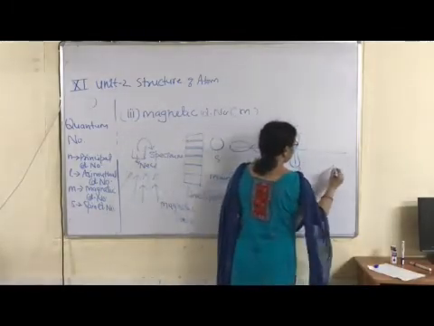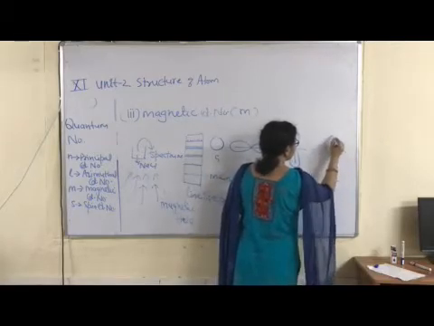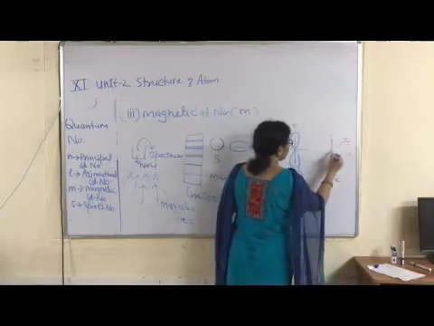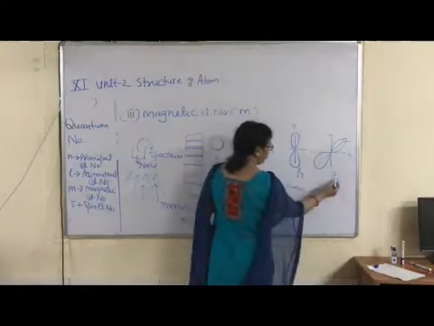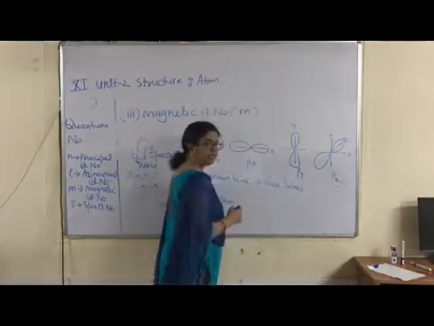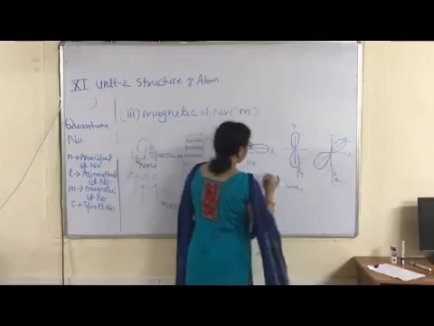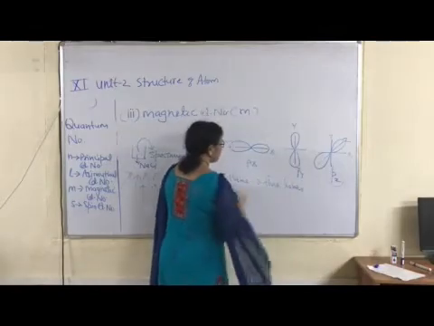The third possible P orbital is Pz. This one is the Z axis. Then alignment of the P orbital along this Z axis is known as Pz. Right? This P is written for the orbital of the P subshell and X, Y, Z for the axis.